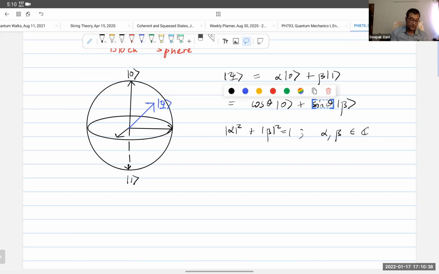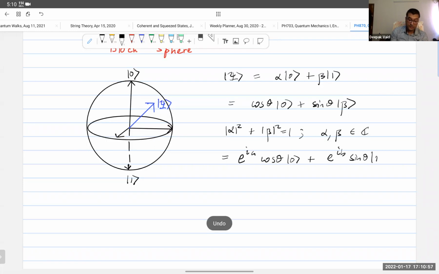So in general, there can be a complex phase, let me call that e to the iA, cosine theta, and another complex phase here, e to the iB sine theta. But now what I can always do is pull out one of these phases and write this as e to the i(B minus A) sine theta.